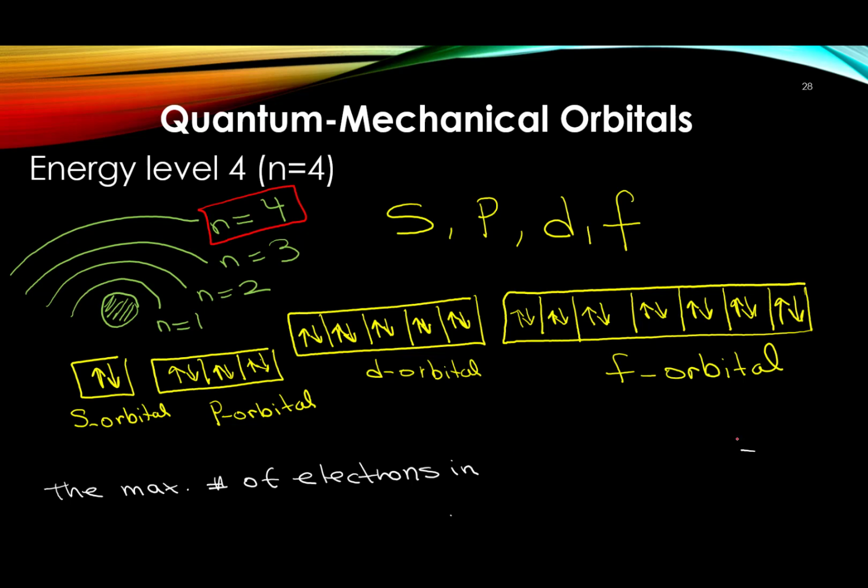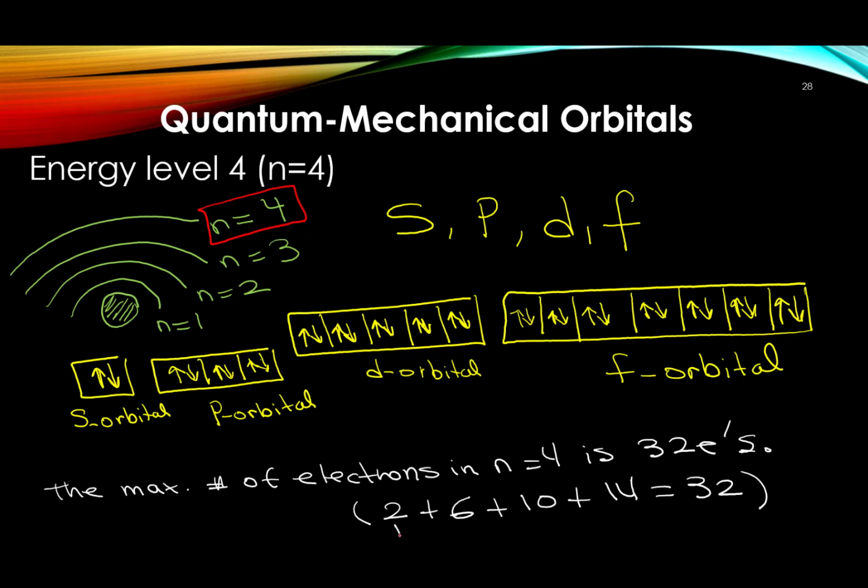In energy level 4 is 32 electrons. Okay, so why is it 32? Because it's 2 from S, 6 from P, 10 from D, and 14 from F, which makes it 32.